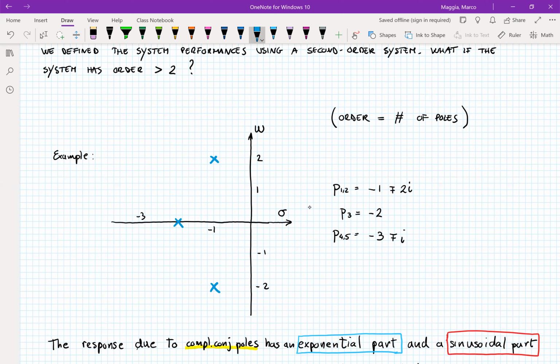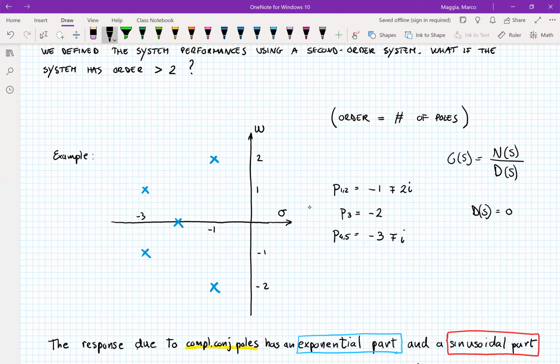So before proceeding, let's try to see if these poles are even possible for a control system. So the control system has a transfer function that can be written as a fraction with the numerator and the denominator, and both numerator and denominator are polynomials with real coefficients. So in this case, we're looking at the poles, that is the roots of the characteristic equation, that is D of s equals 0.